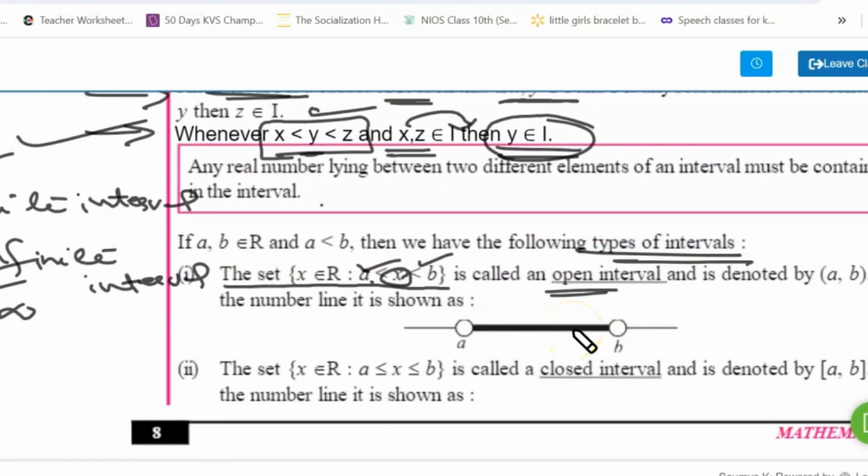So your number x lies anywhere between these. What do you understand by this open? It means a is excluded and b is also excluded. In between, whatever exists, those will be the values.